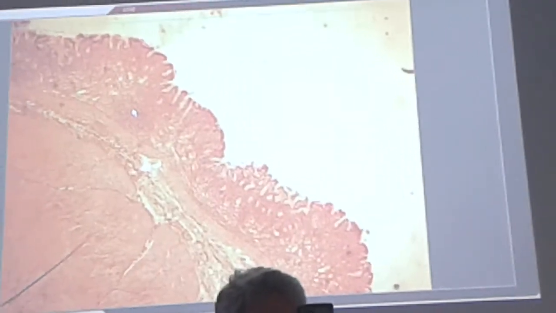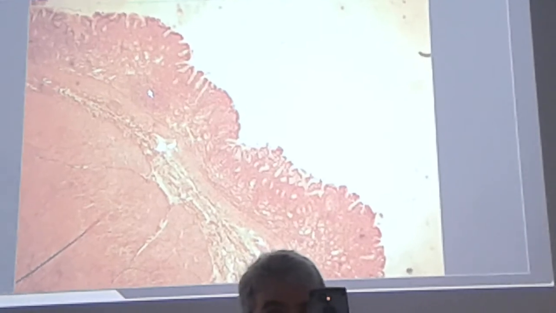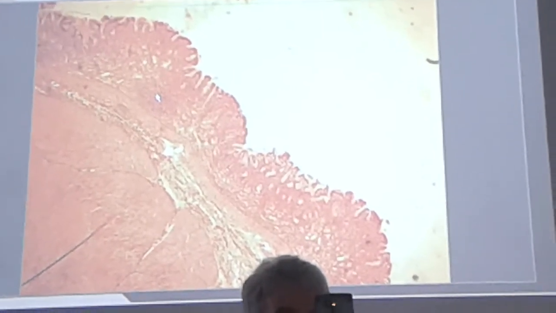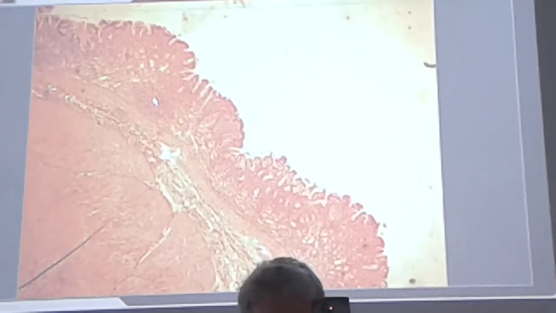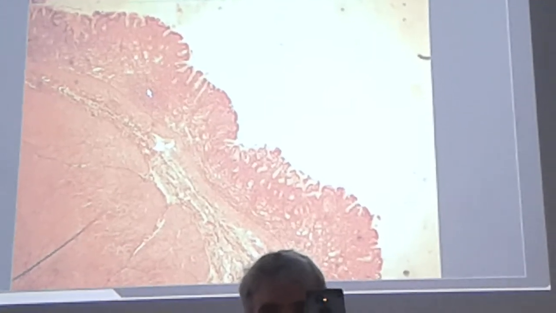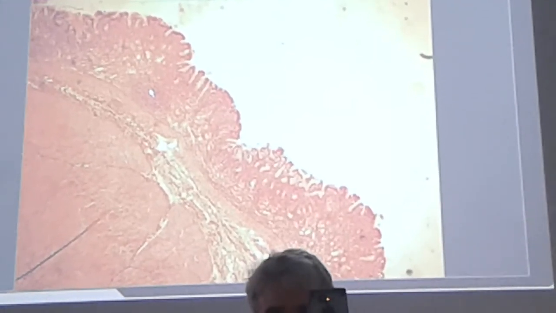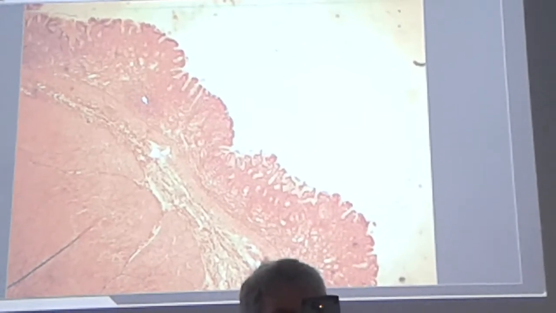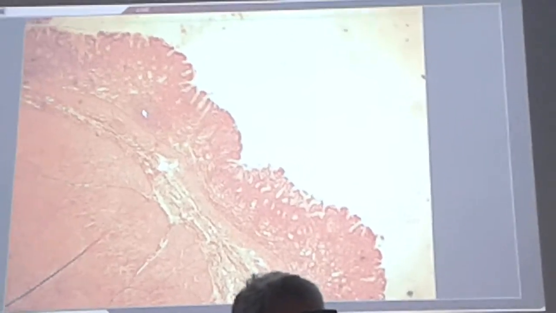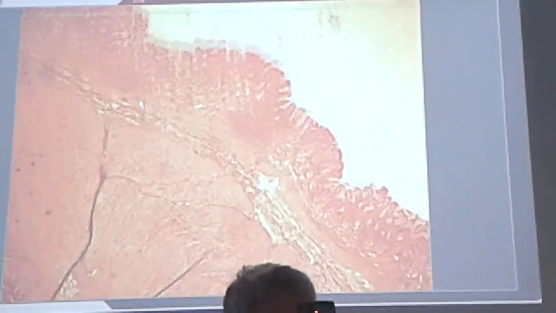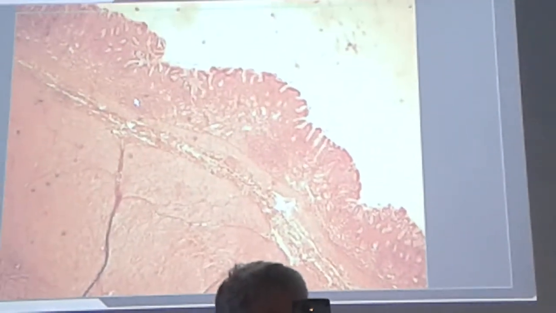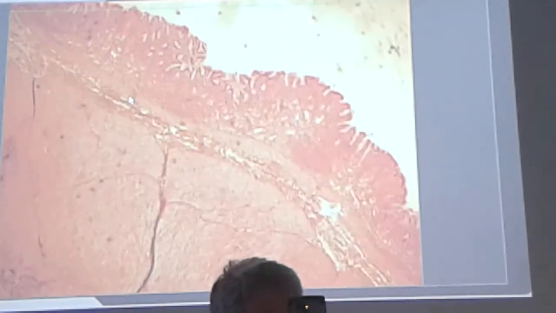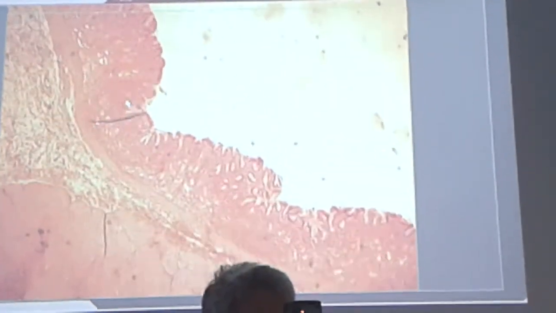And also you can always see some lymphatic nodules. You remember in the lamina propria and the submucosa, there would be the gastrointestinal system's protective elements, lymphatic nodules. That's why some gatherings of lymphocytes are present all over there.